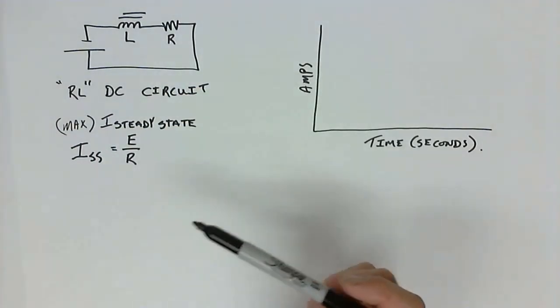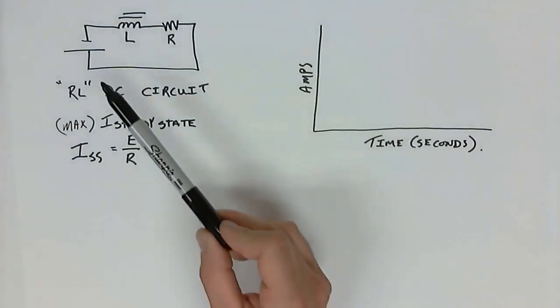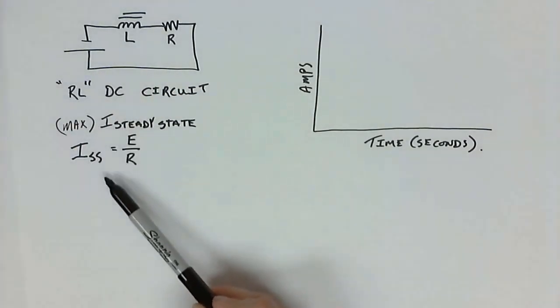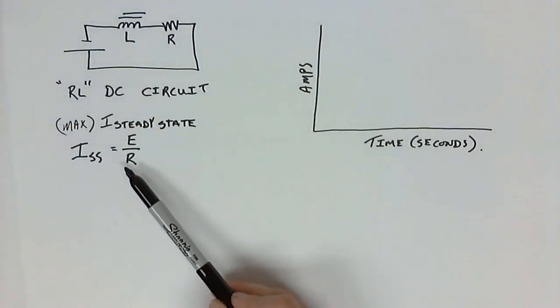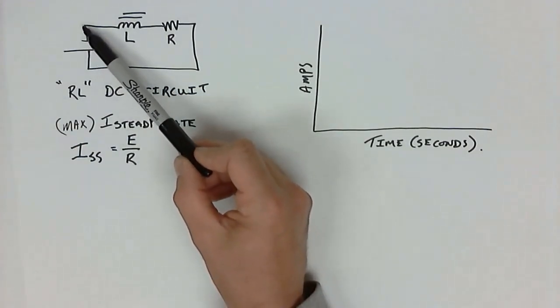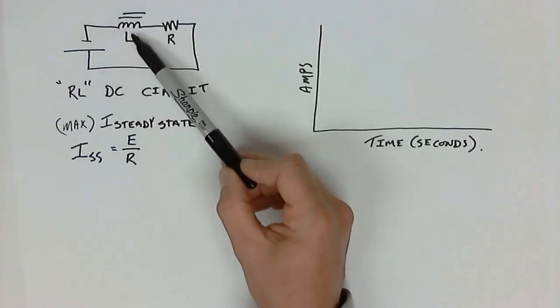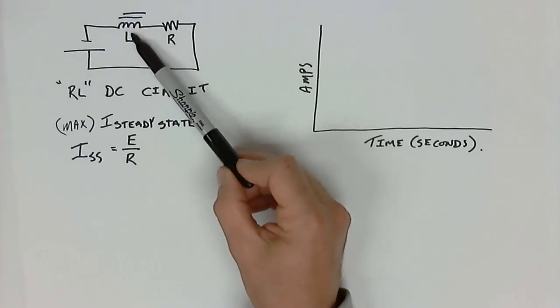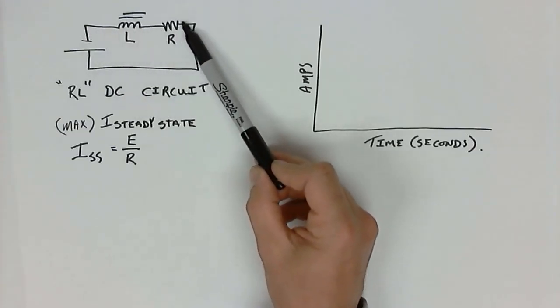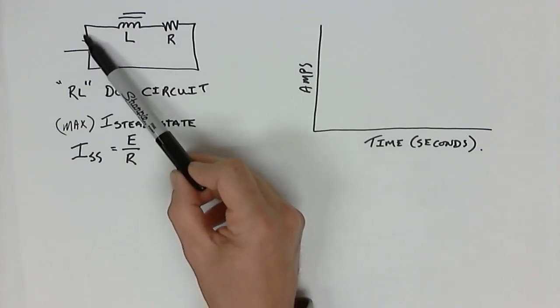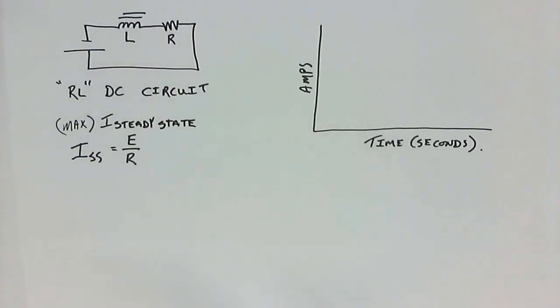Now, how long does it take for this current to finally reach its steady state? In an inductive DC circuit, the inductor offering counter EMF will have an effect on how long it takes for the current to gradually rise to its full value.